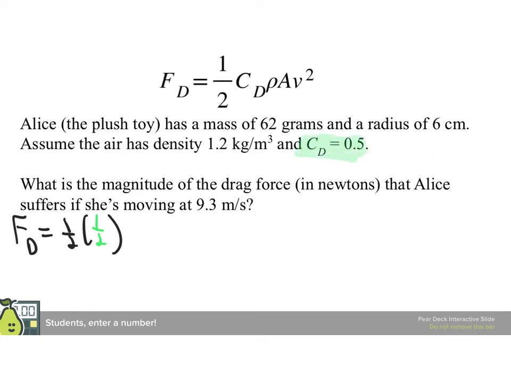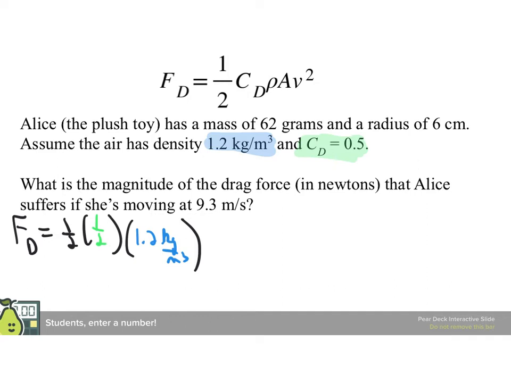And then we multiply by the density. That's this. And we want our cross-sectional area.